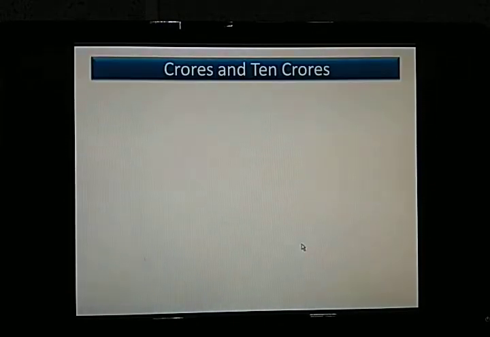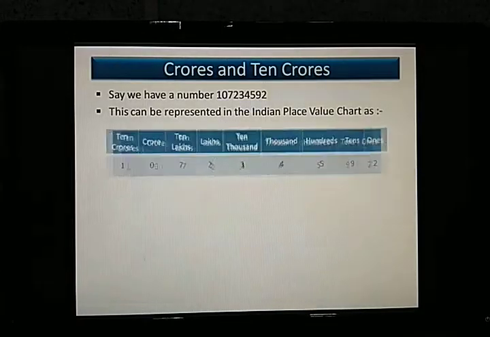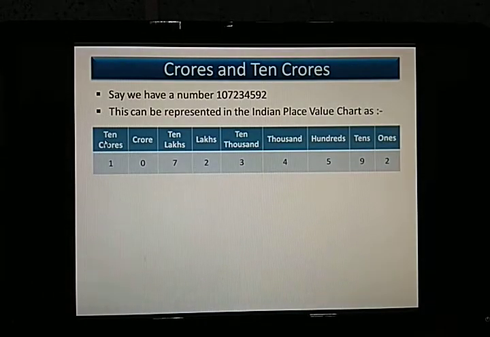Now, next is crores and 10 crores. This is the main topic that has been discussed in this chapter. We will be dealing with this. Say we have a number this. Then this can be represented in the Indian place value chart. How? In this way we can do it. From the right to the left, we have to place it.